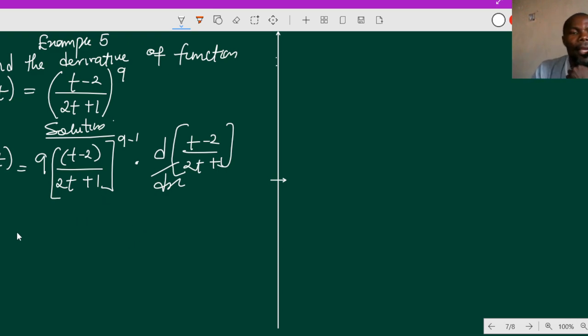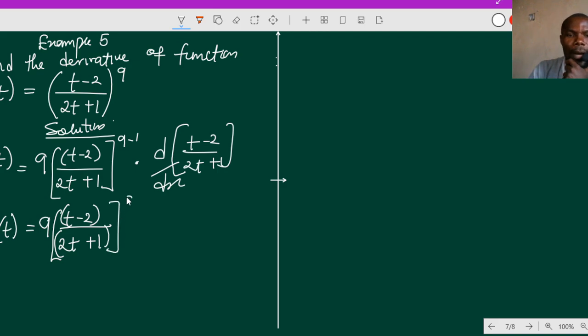Now in solving this, g of t will now give you 9 onto t minus 2 over 2t plus 1 raised to power 8 dot.